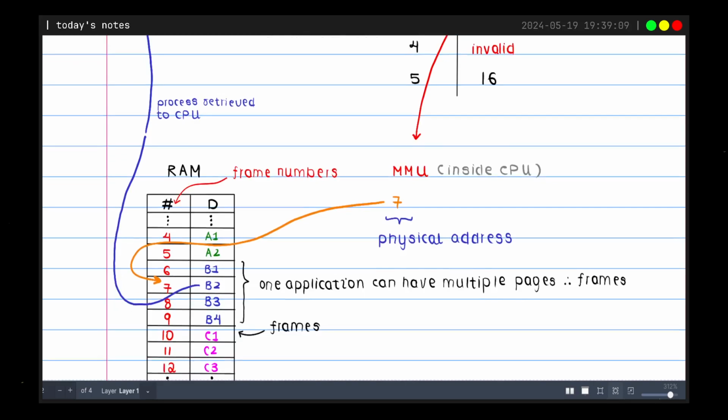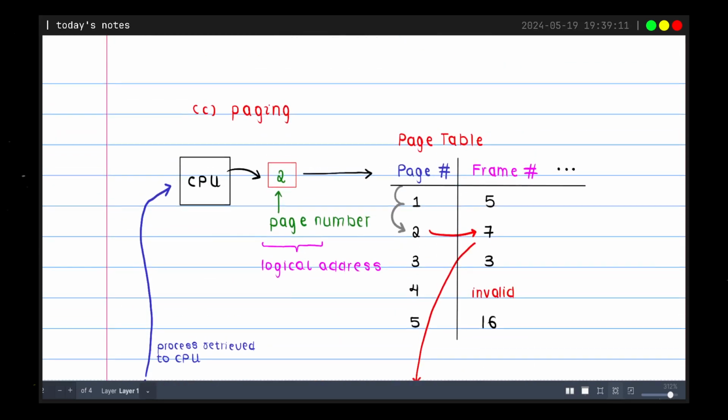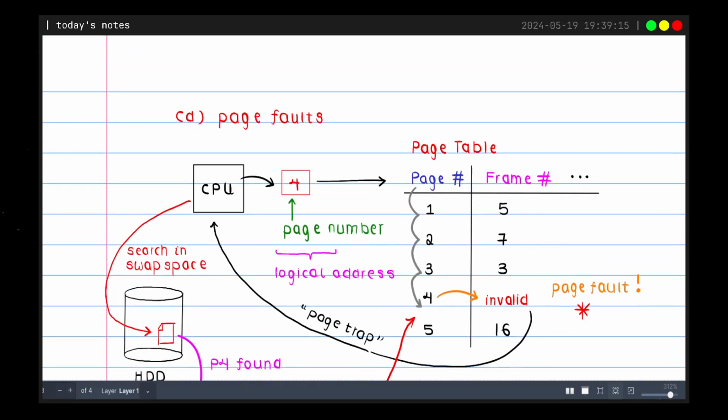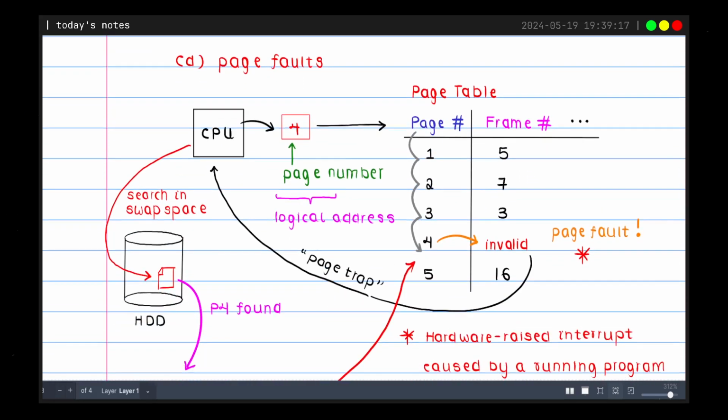Now that we looked at paged memory systems and segmented memory systems, and you understand the features you need to understand for the exam, we can now look at page faults. Now, let's imagine, unlike earlier where the CPU was requesting page number 2, the CPU is now requesting page number 4. Page number 4 is going to be searched up in the page table, and it's going to try to retrieve the frame number but realizes that the frame number is invalid.